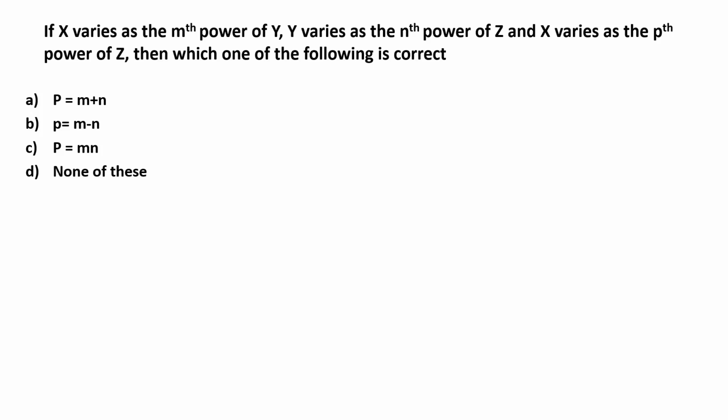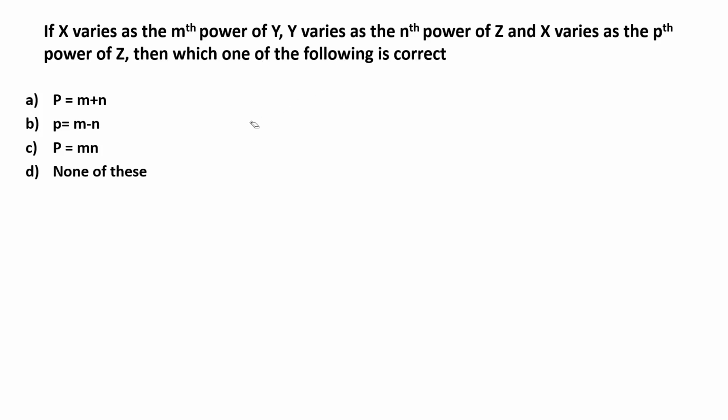If x varies as the mth power of y, that means x is equal to y power m. But you may ask me that x varies as the mth power of y, but it is not given in the question that x equal to the mth power of y.